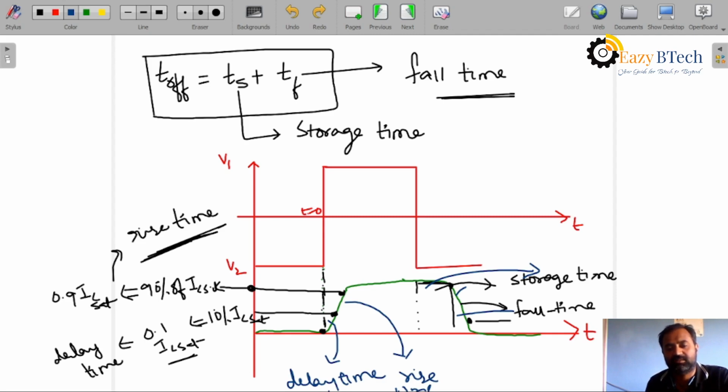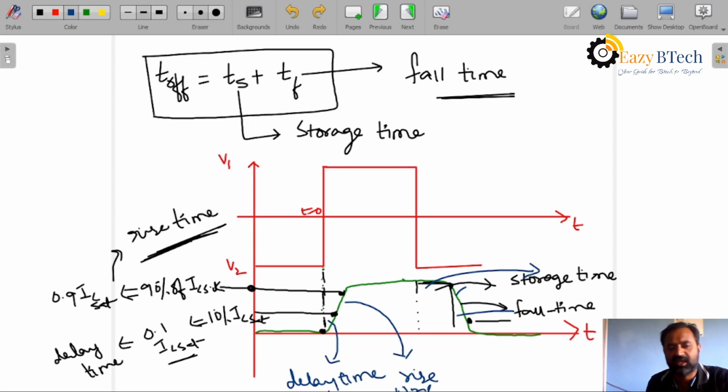It is the minimum time taken to move its state from off state to on state. The transistor turns on depending upon two timings: one is a delay time, another is a rise time. The definition of delay time: the output current IC which moves from 0 to 10% of IC sat. That time duration is known as a delay time.